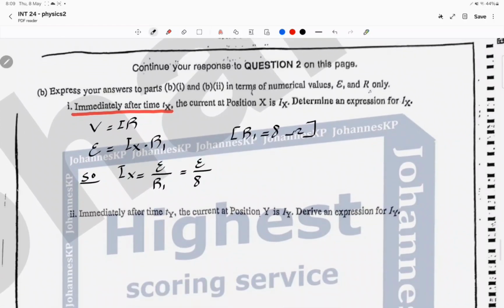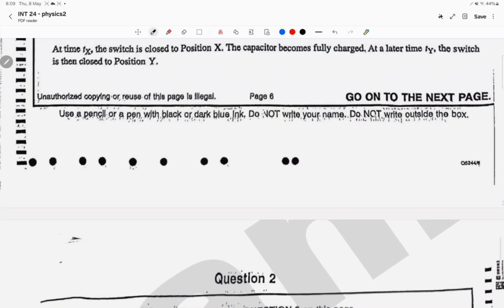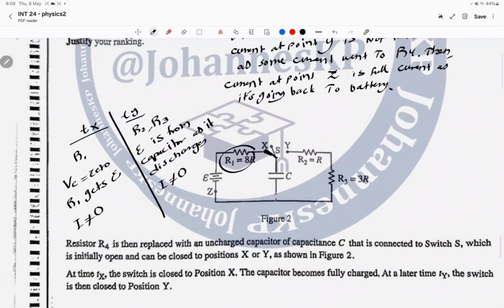Okay. Now immediately after time Y, the current at position Y is IY. Do I have an expression for IY? Well, as you can see, there is no battery in that circuit, but the capacitor was already fully charged. So now the capacitor is going to discharge.